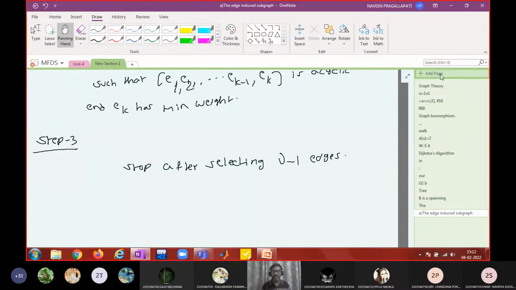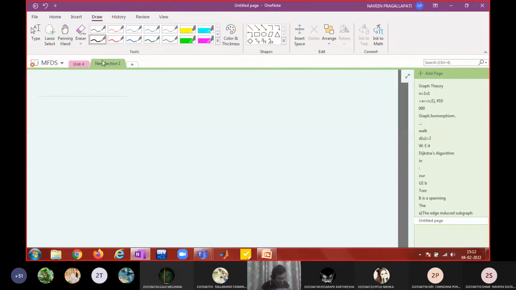Yes, sir. Okay, so draw this graph. All of you draw this graph. 1, 2, 3, 4, 5 vertices. Something like a star.